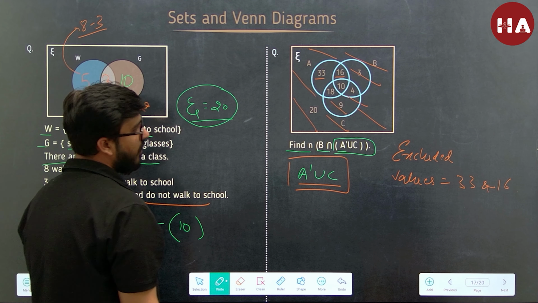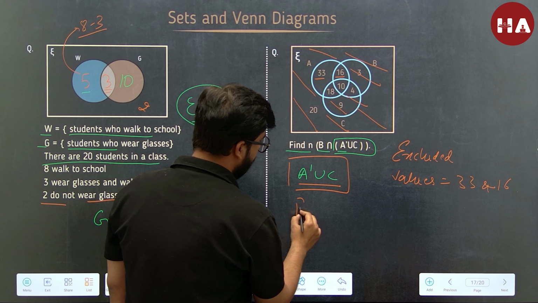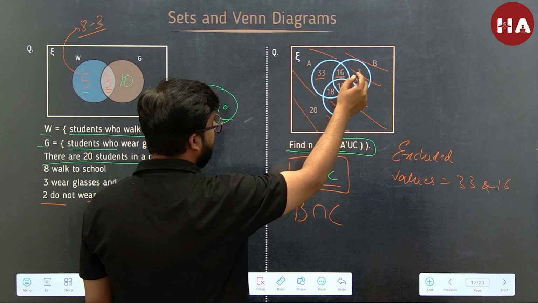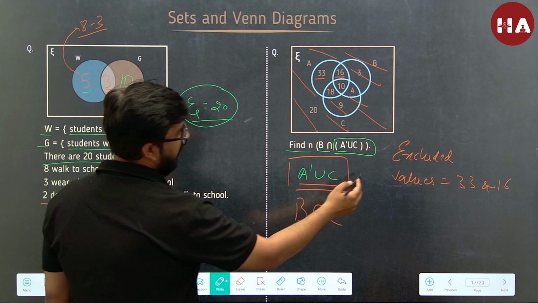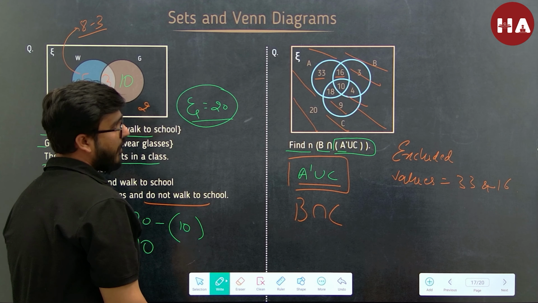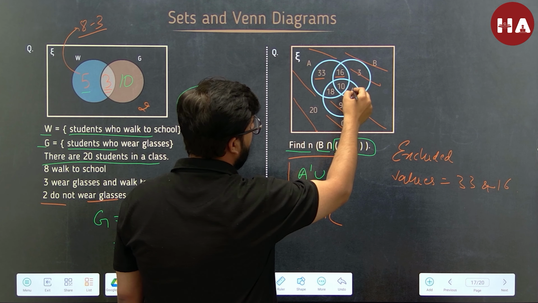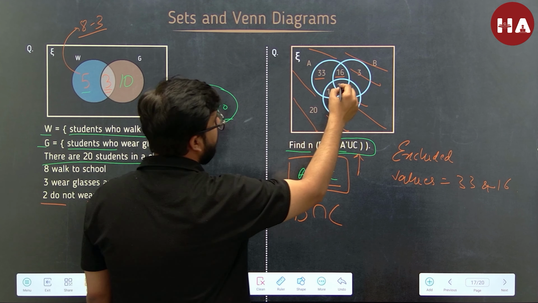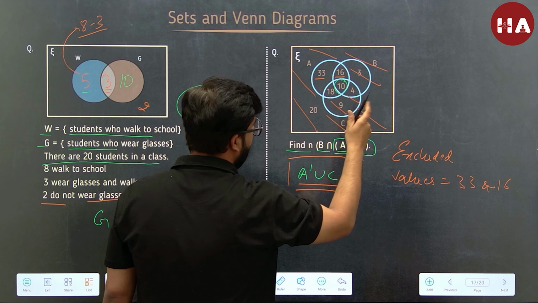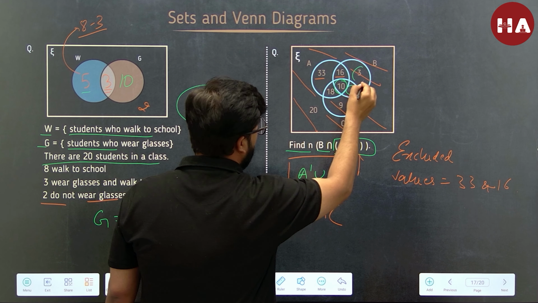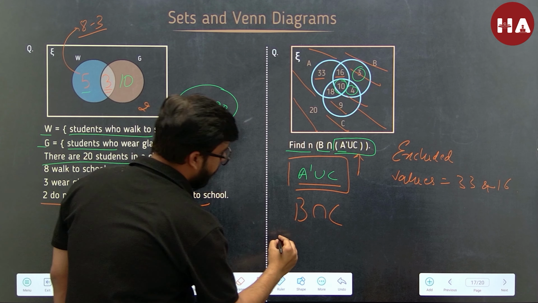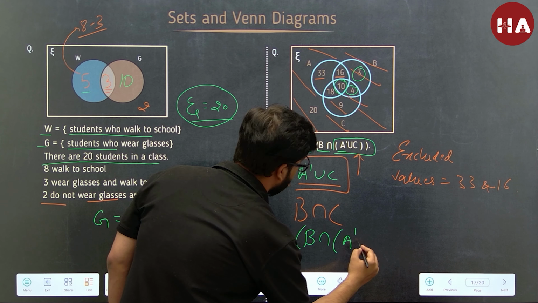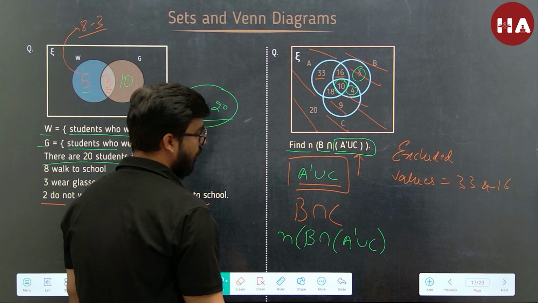Now what I have to see here is B intersection C. So what values are coming common in B and in the shaded region? Only the values coming common are 10, 4 and 3. So the value of n of B intersection (A complement union C) is what, students?